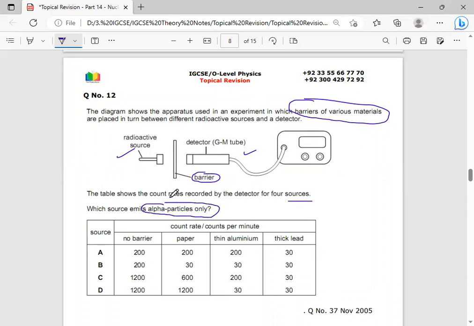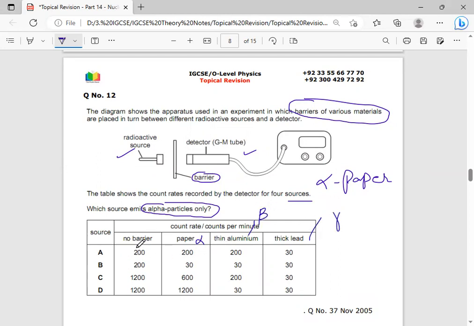Now we are required to detect the emission of alpha particles, and we know that alpha particles can be stopped by paper only. So paper for alpha, aluminium for beta and lead for gamma.